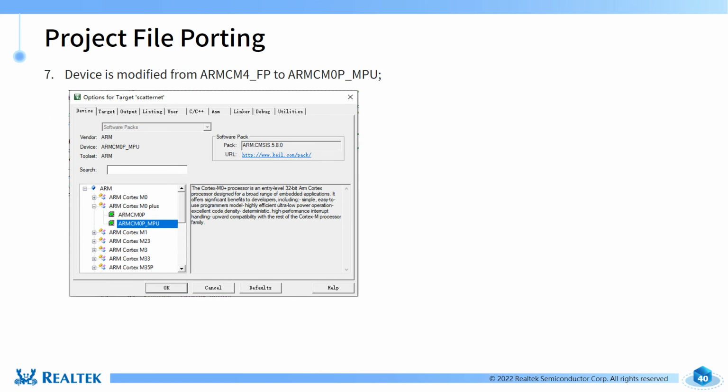The last step is step 7 (6). Device is changed from ARM CM4 FP to ARM CM0P MPU.